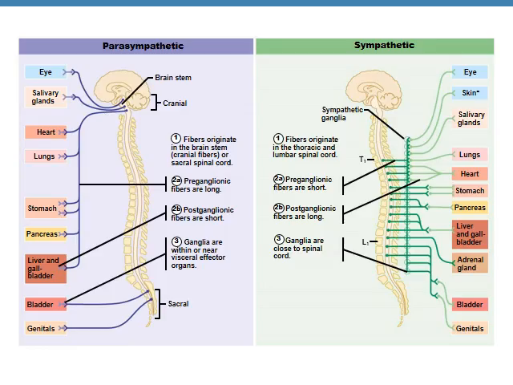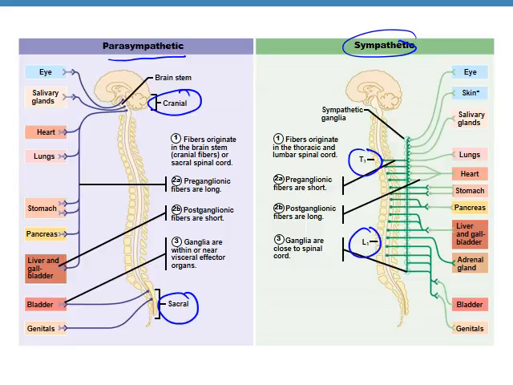Okay, let's look at the origin of fibers. So in the parasympathetic, where do the fibers originate from? The cranial and the sacral region. Sympathetic, what is the origin of the fibers? Thoracic and lumbar region. So number one was origin. Number two was length.